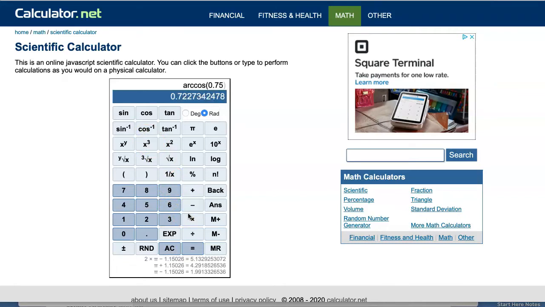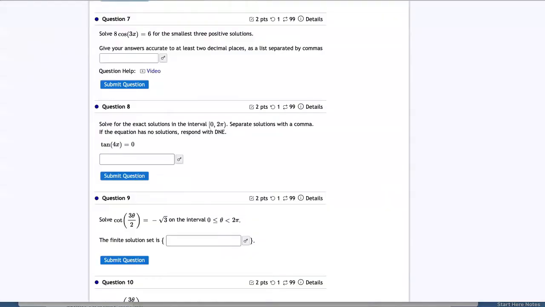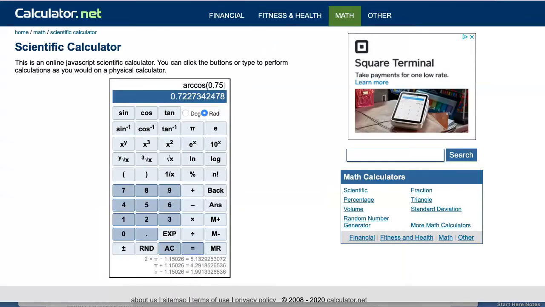Okay, and the result is 0.7227. I am assuming we're still in radians. Assuming's not a good idea, so let me look. It doesn't say. Those answers look like radians. Okay, so we're in radians, because I said so.